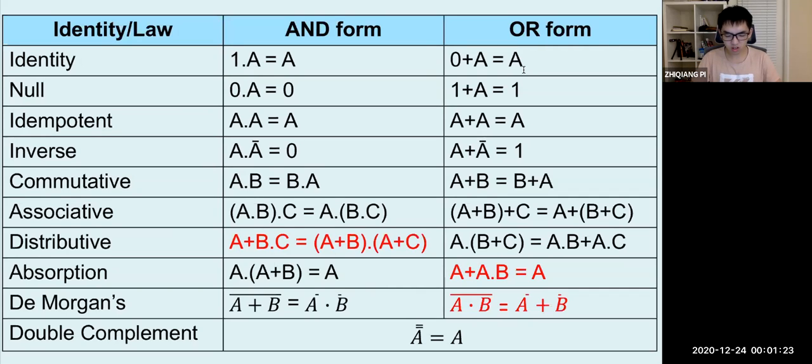And moving on to the a bit more difficult laws, which are the distributive and absorption laws. For the and form, basically, try imagining a truth table in your head. So the left-hand side says A or B and C. This is true when A is true or B and C are both true.